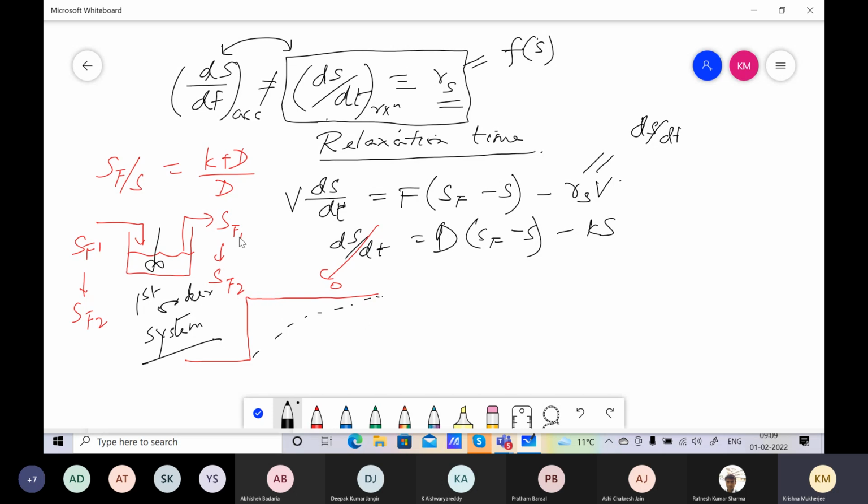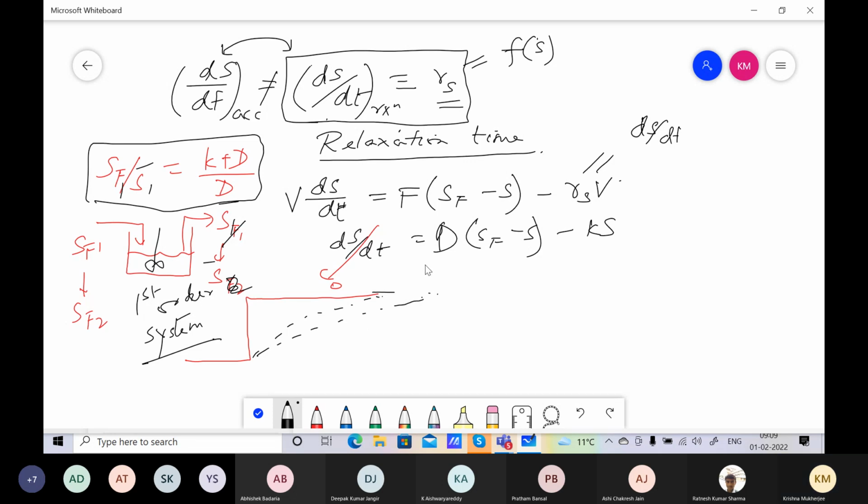But suppose there is also reaction taking place and the output of SF1 is S bar 1, given by this basic equation here. So S bar is the steady state function; for SF1 this will be S bar 1, and for SF2 this will be S bar 2. So what is the rate of rise? How do we find this out?